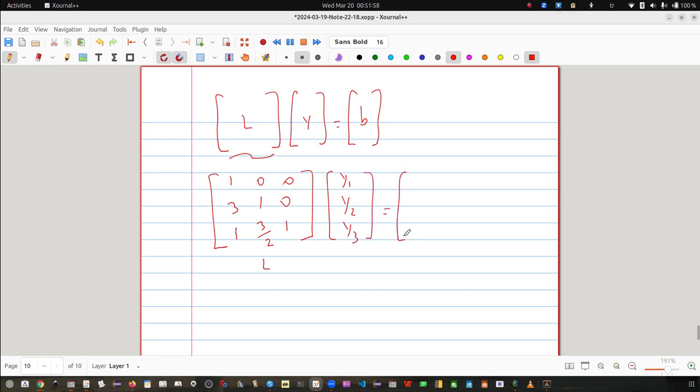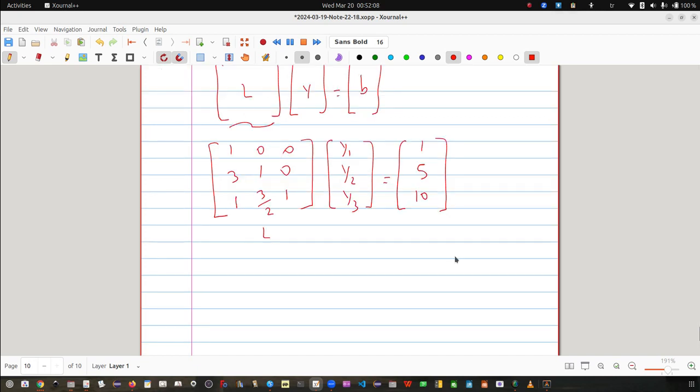Our B values were 1, 5, 10. So here we are able to find the variables y1, y2, y3 easily because the corresponding equation y1 is equal to 1. From there you find y1 is 1. And 3 times y1 plus y2 is equal to 5.